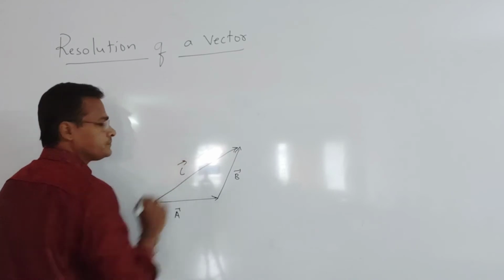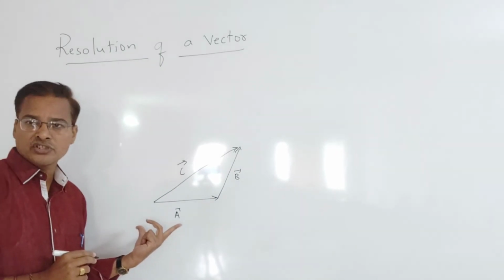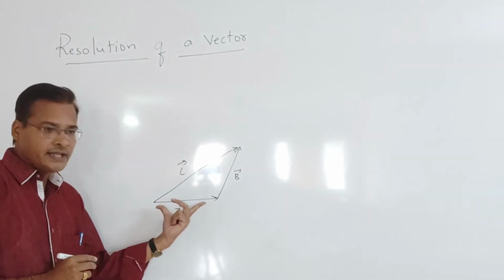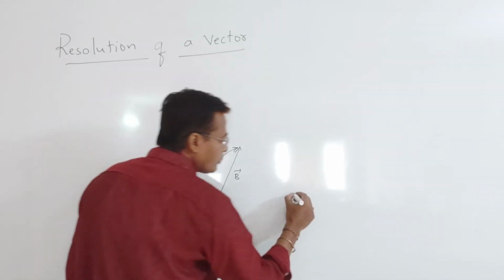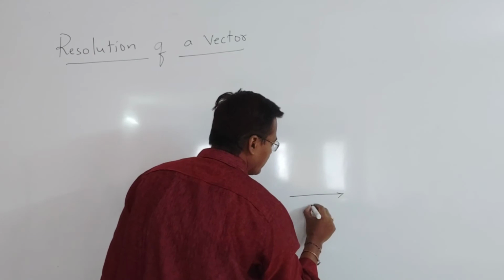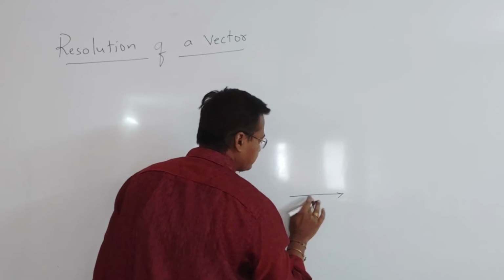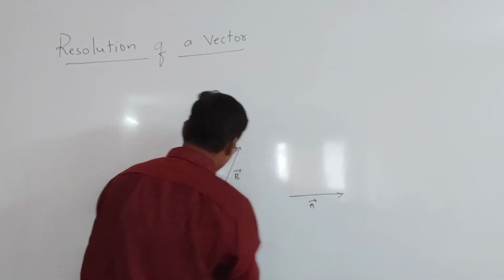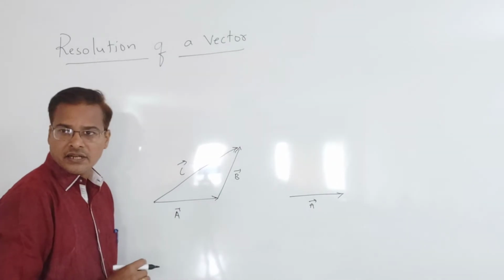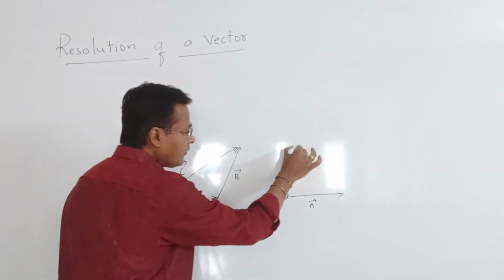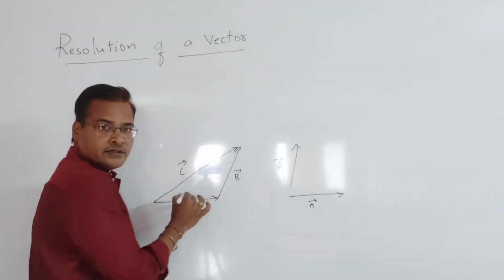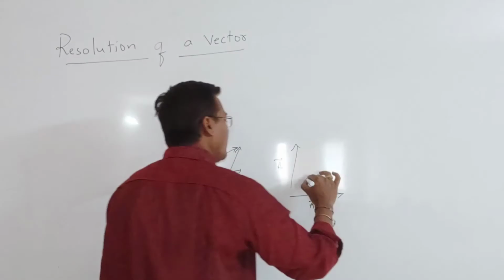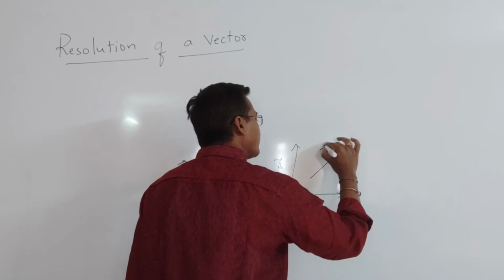Now how are we going to split it up? I draw one vector parallel to this A vector, that is the A vector. Then I draw another vector, the B vector, and another one, the C vector.